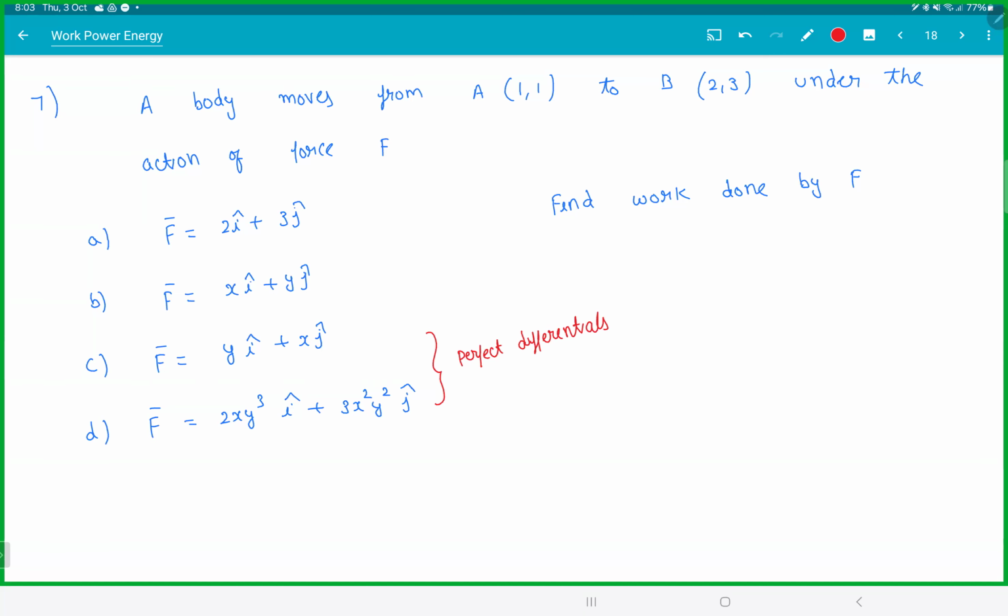There is only one way to solve if it is a perfect differential. If it is not a perfect differential, I'll show you one question. Then you have to tell me how you are going. So if you say I'm going from A to B, you have two options. Either it should be a perfect differential or make sure to give me the path. If you don't give me the path, then there is a high chance it's a perfect differential.